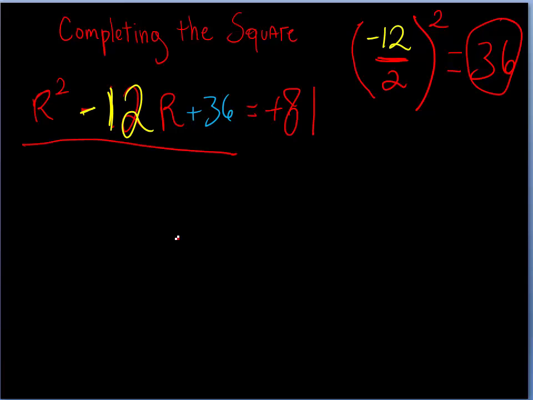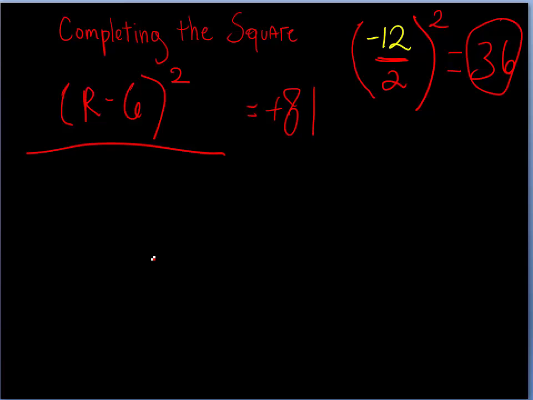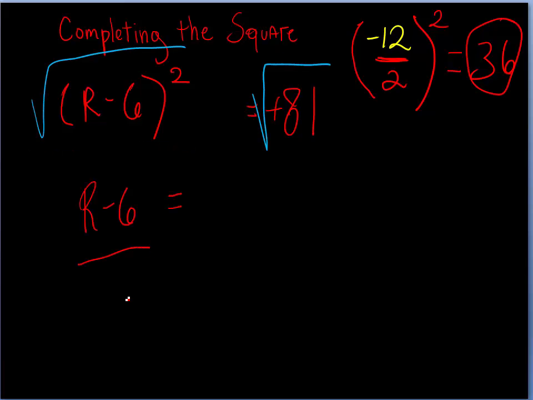Now factor the left side. It should factor to r minus 6 times r minus 6. Now rewrite r minus 6 times r minus 6 as r minus 6 squared. Take the square root of both sides. The left side will simplify to r minus 6. The right side will simplify to plus or minus 9.